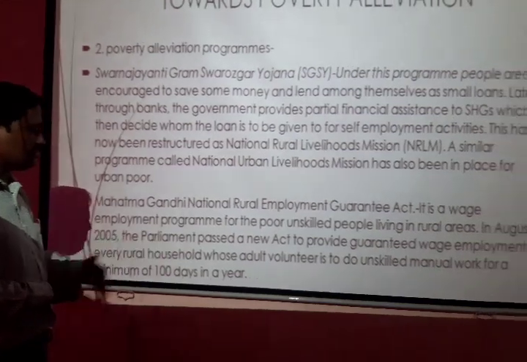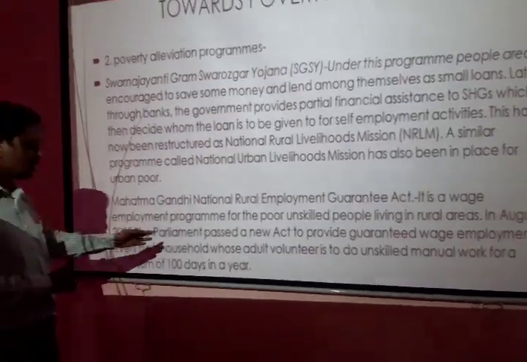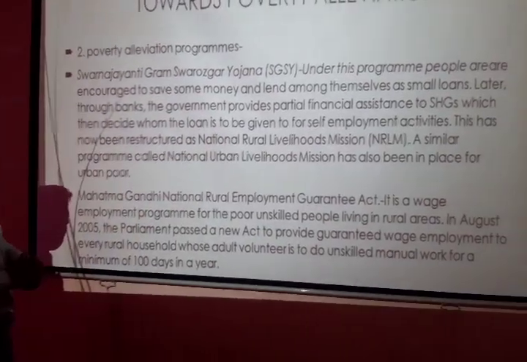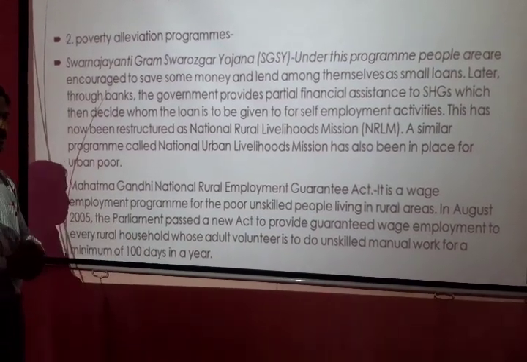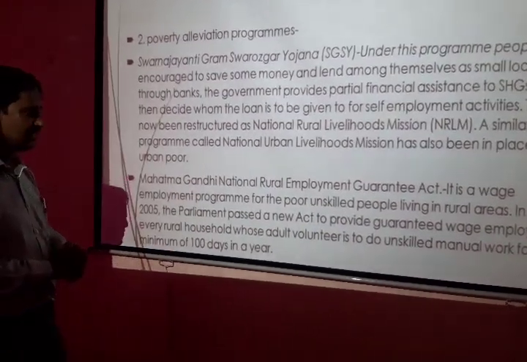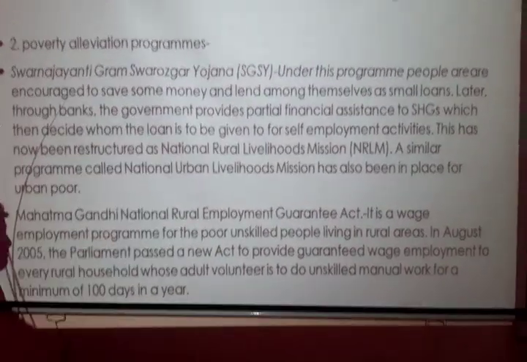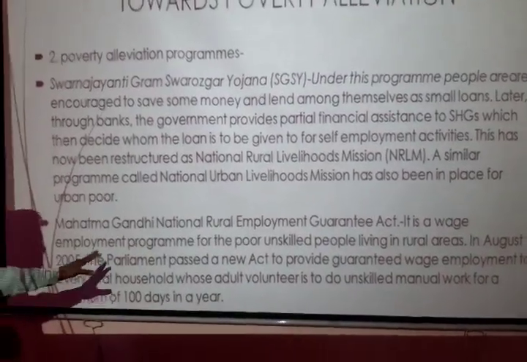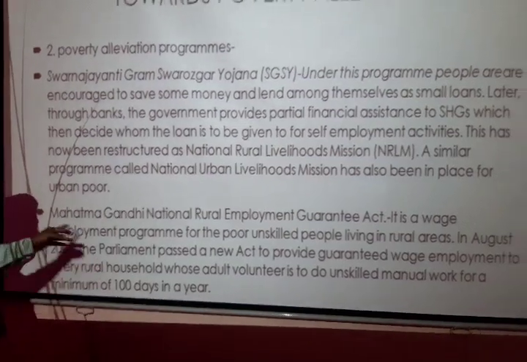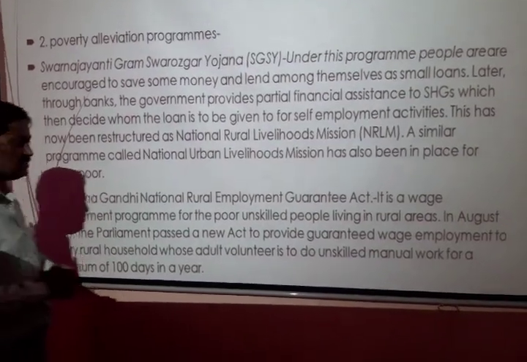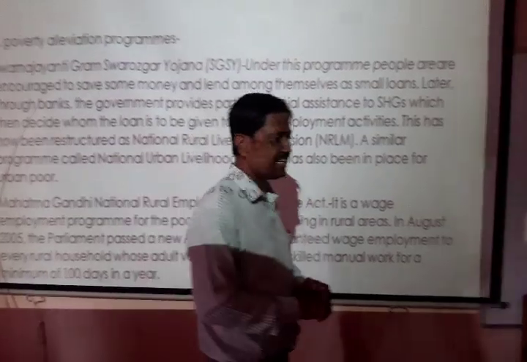If the government is unable to give this work for 100 days, then it is supposed to give an unemployment allowance. So it is a type of guaranteed wage employment generation in rural areas. This is the Mahatma Gandhi National Rural Employment Guarantee Act.